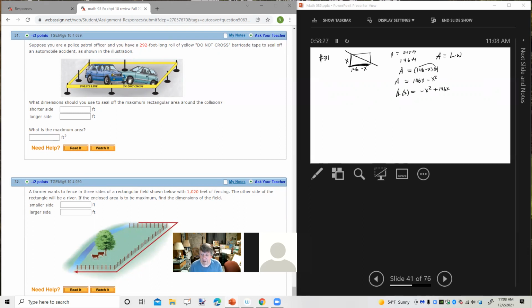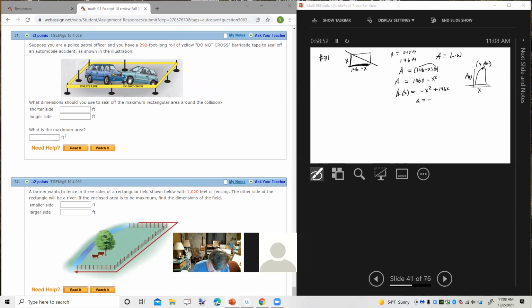Okay, so there's our equation. Now note, that is a parabola opening downwards. This is x and this is A of x in terms of the axes. We want to find the dimensions that would maximize the area. Since this is the area, that would be the maximum. So we need to find the vertex.